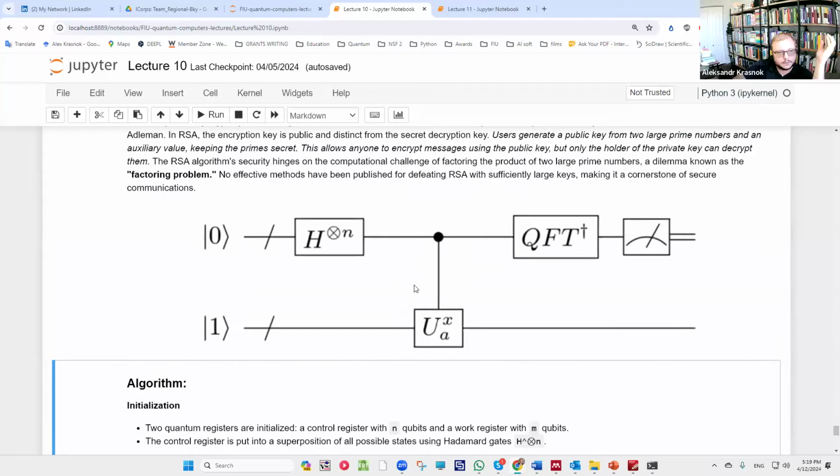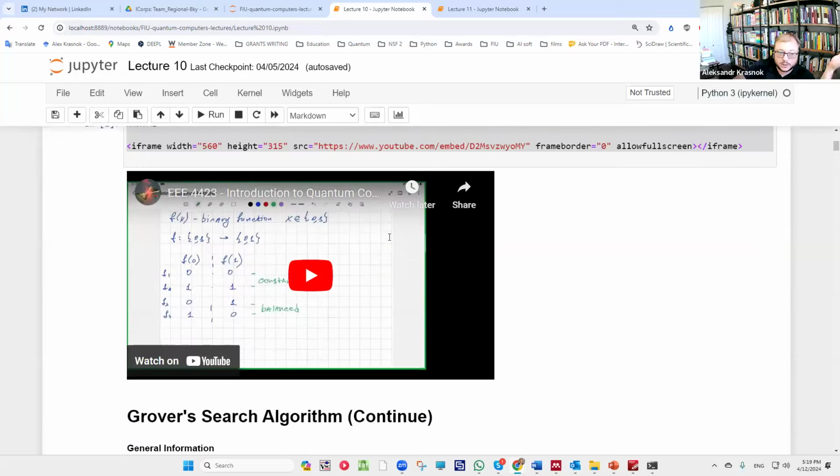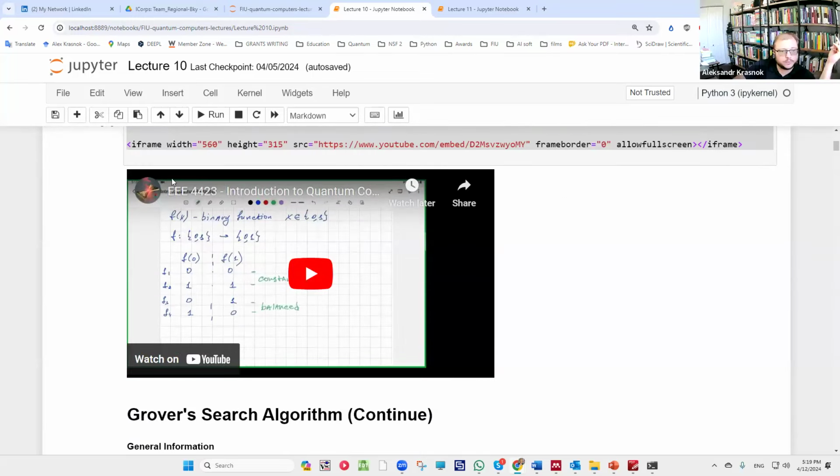And of course, there are some other algorithms that we didn't have time to discuss. For example, if you watch this lecture from last semester, we also discussed this random walk algorithm. Another one was about the eigen energies of chemicals, right?